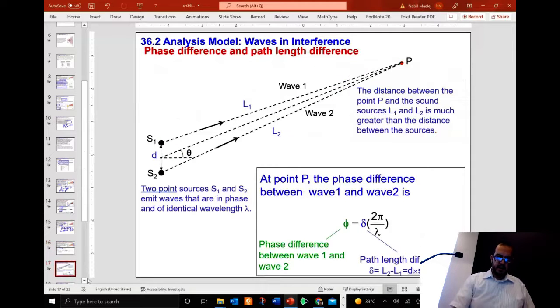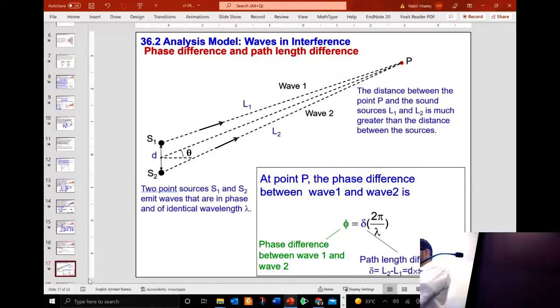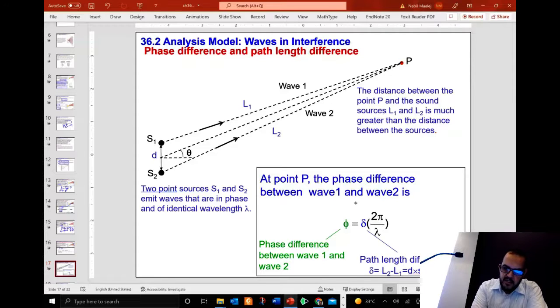All right, let me finish with the phase difference. Remember, we said if the two waves arrive in phase, or they arrive out of phase. What do we mean by phase? Let's say this is wave 1 here, and this is wave 2 here, and the path difference is delta, which is d sine theta.